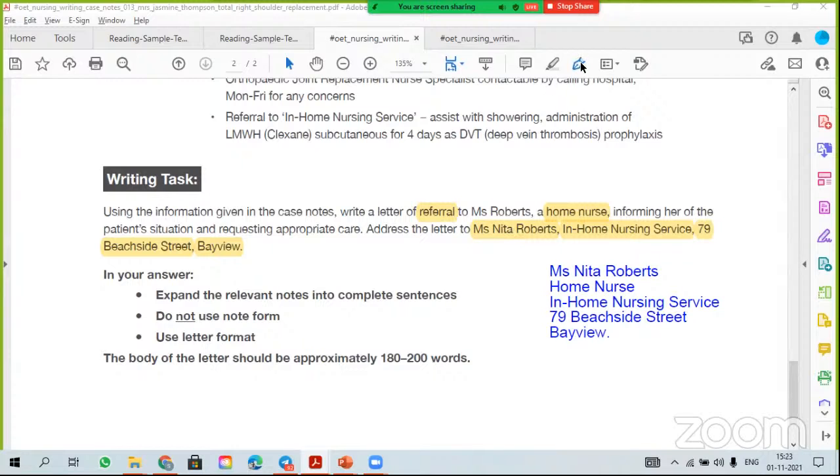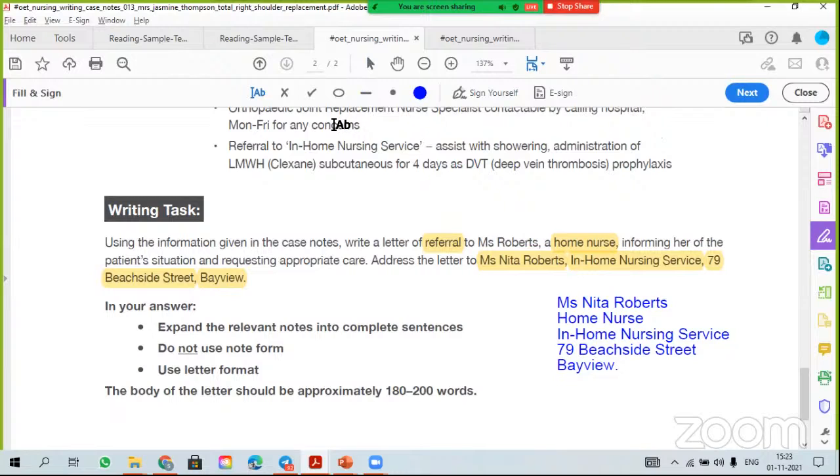So you can see here. Number 1, name of the nurse. Next, number 2 is the profession of the nurse. Number 3 is the facility where she is working.